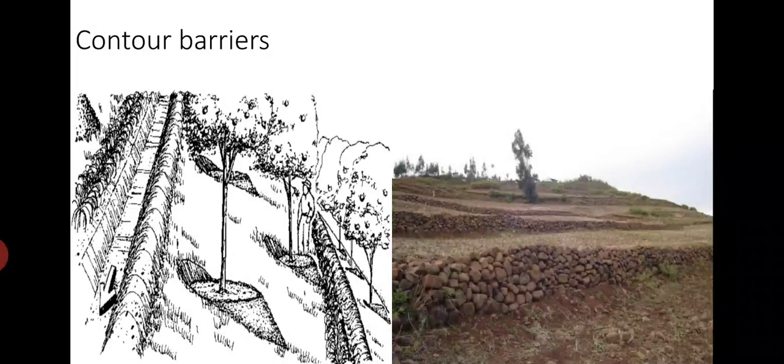Contour barriers. In this, stone barriers are made along the terrace, on the edges of the terrace, so that whenever the water drains downwards, it will check the speed of the water and decrease the speed of erosion.